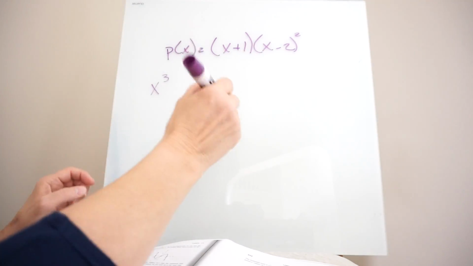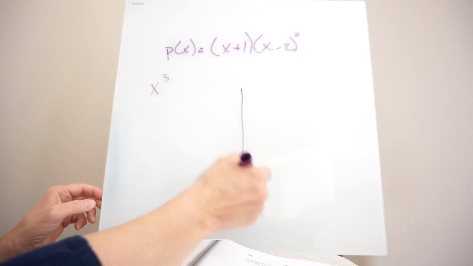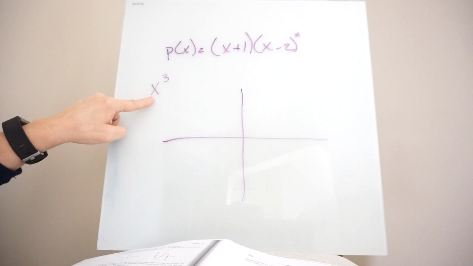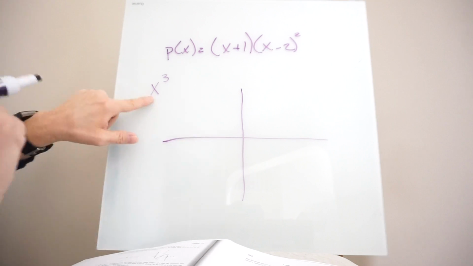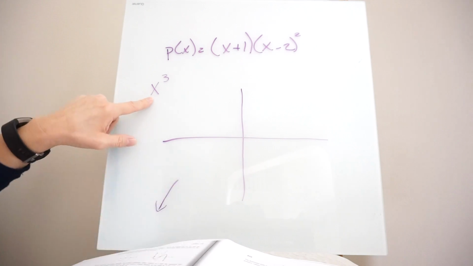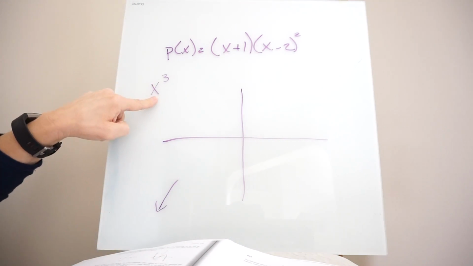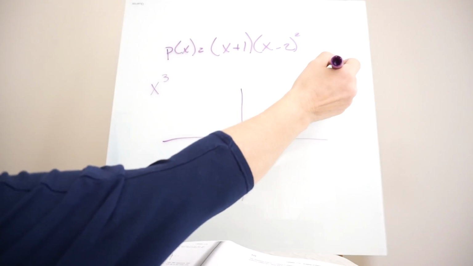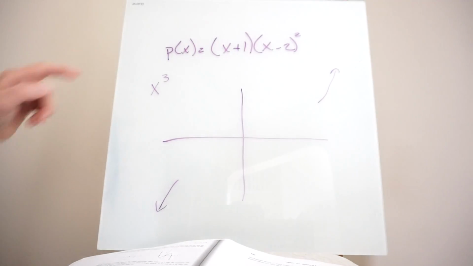So we can start thinking about the graph of that and what the ends would look like. For very large negative numbers, this value would be negative, so it's going to be going in that direction. For very large positive values of x, it's going to continue up positively.